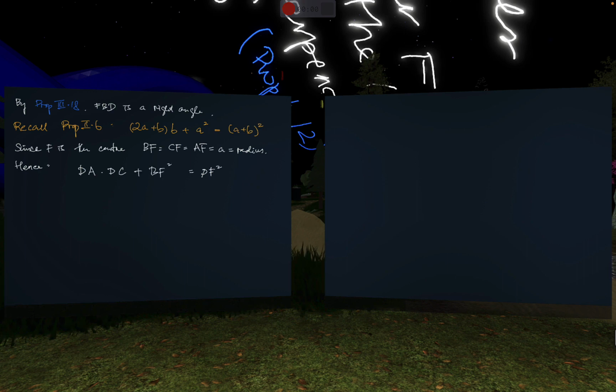Yes. So there's a square on BF, and BF is the radius, yes, because we already have that. So now we subtract the radius squared from both sides. We're allowed to do that, right? Now we just take away the radius squared from both sides, and so we have DA.